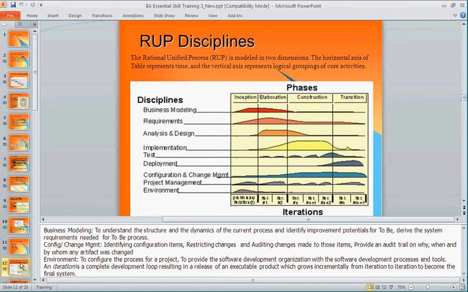Now, how does it work? So look at it this way. First and foremost, because we're doing object-oriented approach, you will start gathering your business requirements. Based on your business requirements, you will put together your scope. You will put together an initial timeline and a budget.